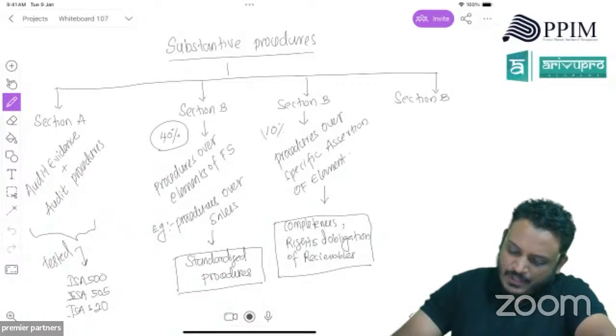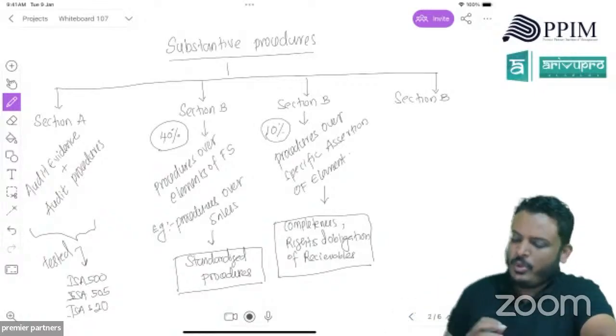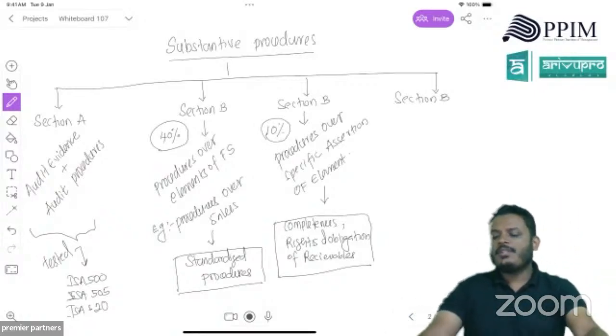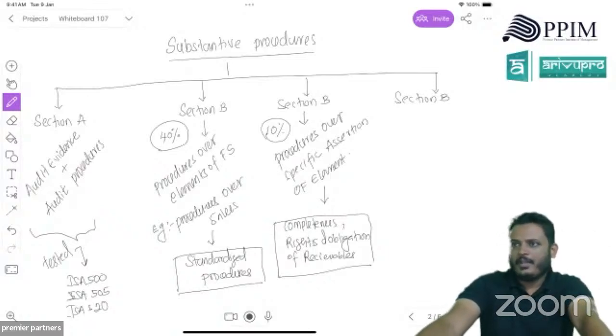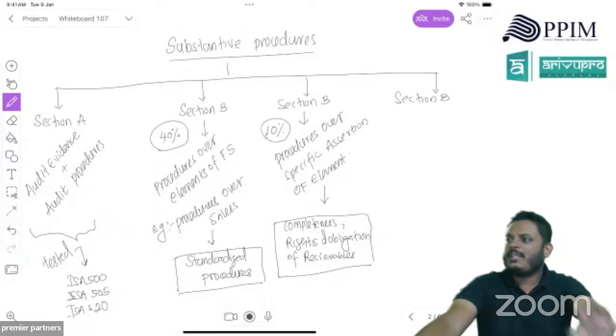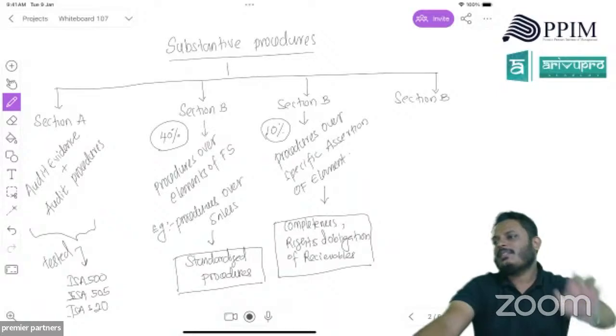Another 10% you can cover with procedures of specific assertions, which means 50% is done for these two. Let's say 20 marks means 10 marks for this, 30 marks means 15 marks for this.